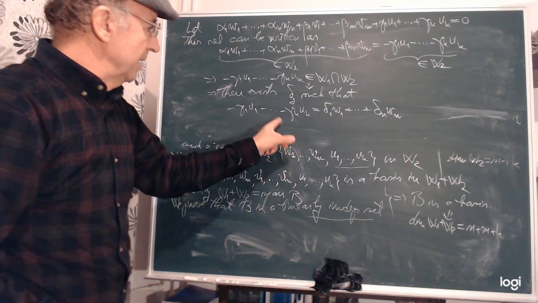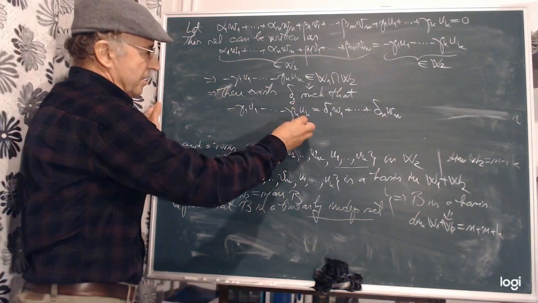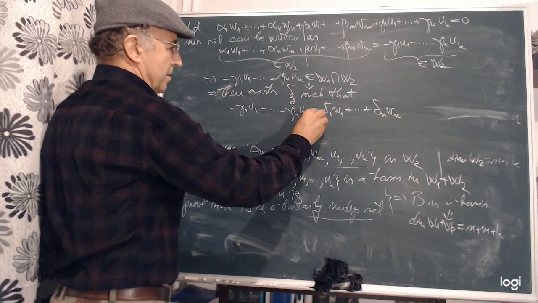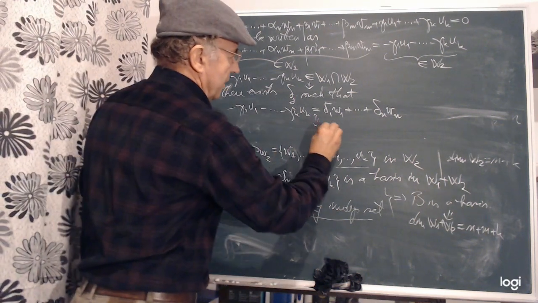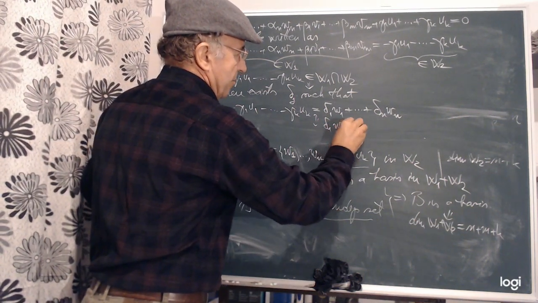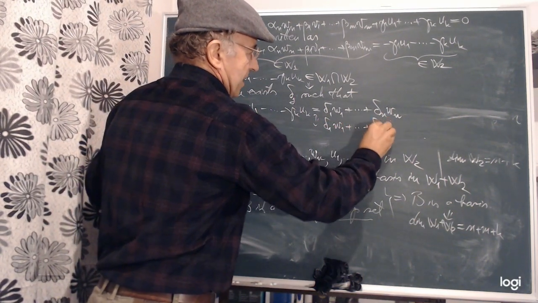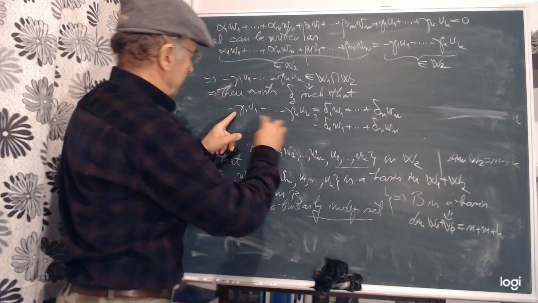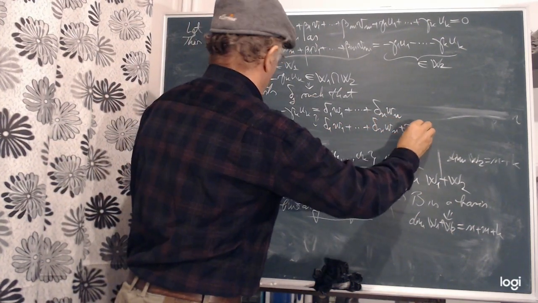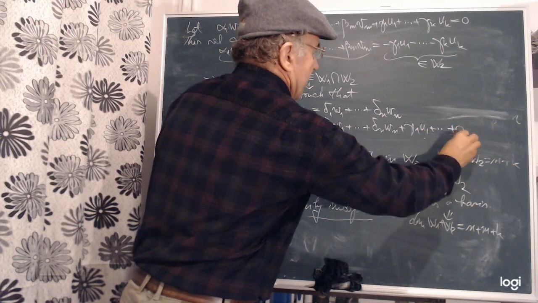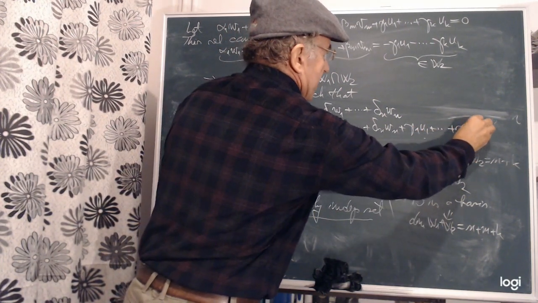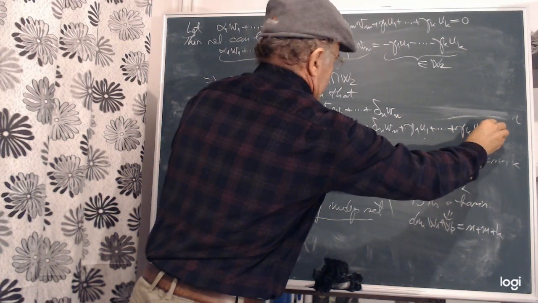But this relation is equivalent to delta 1 w1 plus up to delta n wn plus gamma 1 u1 plus so on plus gamma k uk equals 0.